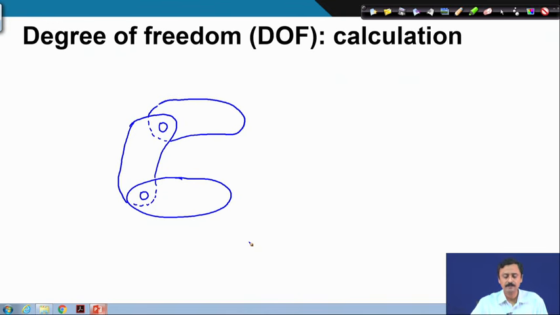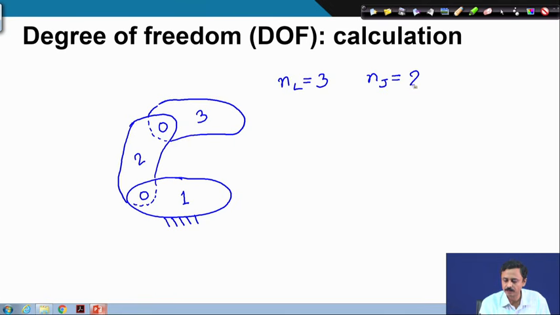There are 2 kinematic pairs. As before, we will fix 1 and number these rigid bodies. Ground is 1, 2 and 3. So, let me start writing. The number of links is 3, number of joints, we have 2 kinematic pairs. So, number of joints is 2.